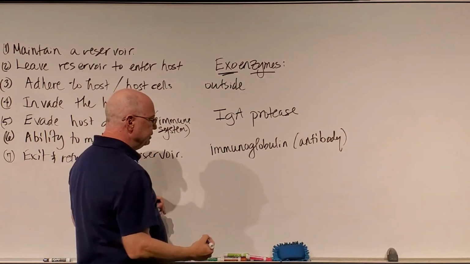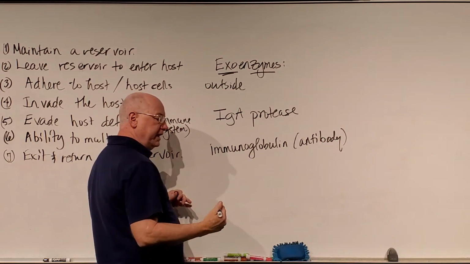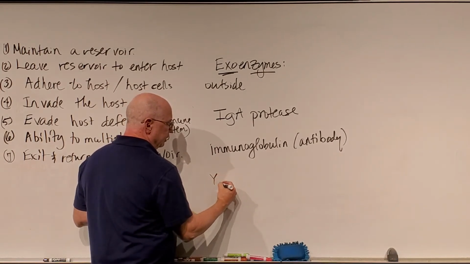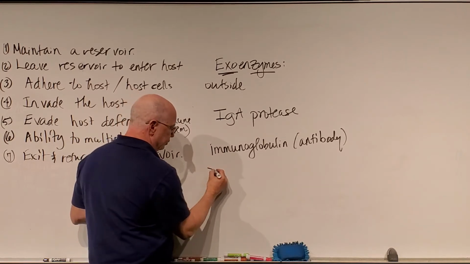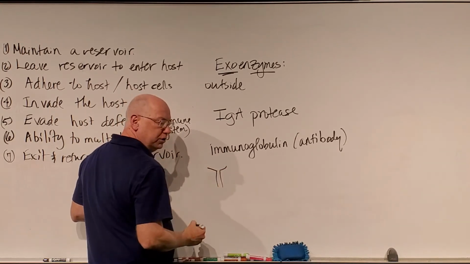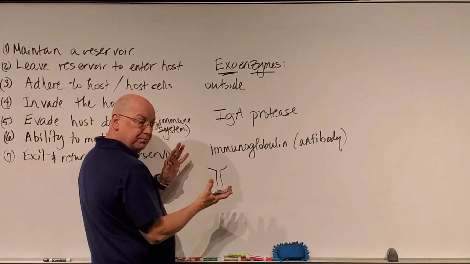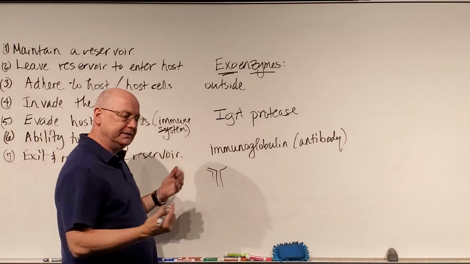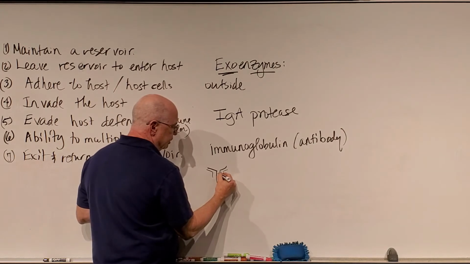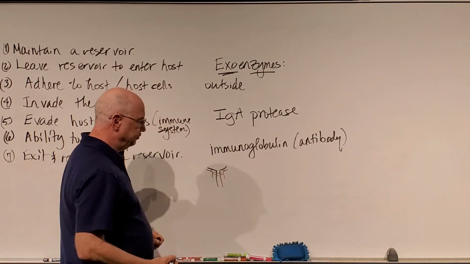And so what happens is when we study the structure of an antibody, which we're going to do in the future, antibodies are really made up of 4 proteins. There's 2 long chains called the heavy chains because they're bigger and heavier, and they're chains of amino acids. And there's 2 light chains, and these things are stuck together by some chemical bonds.